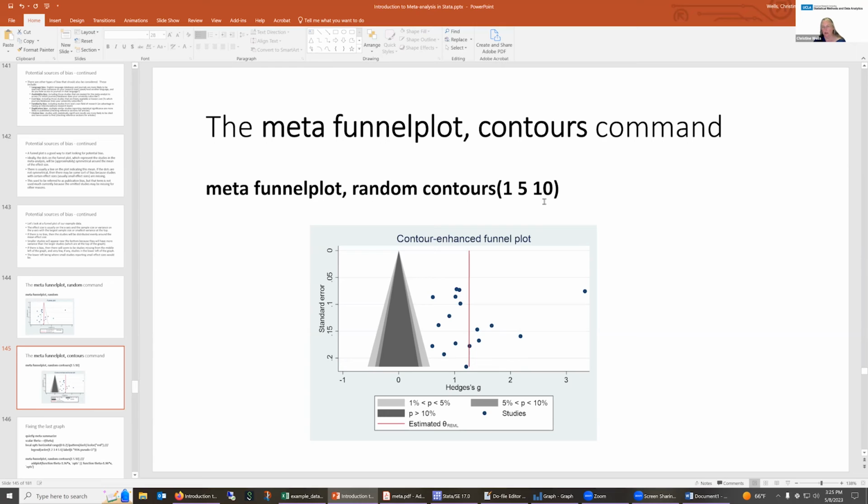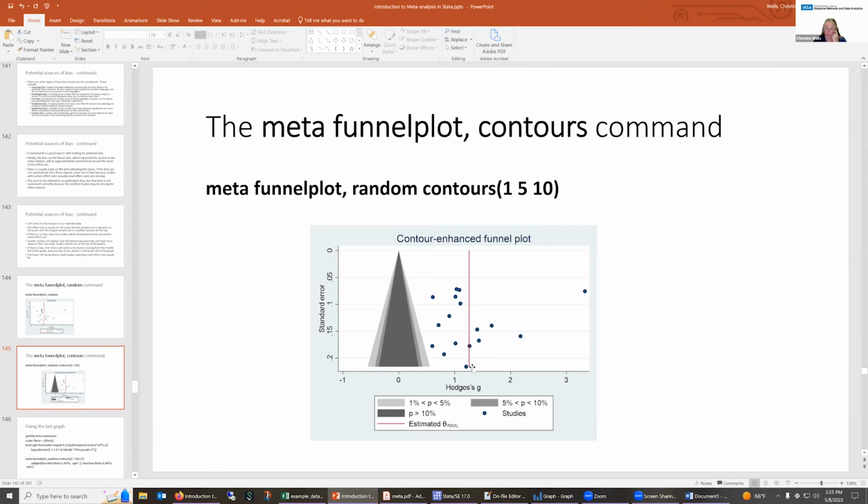So think p values here: 0.01, 0.05, and 0.1. And so that's what these contours represent here. But they're nowhere near my data because this got centered at 0, not over here.